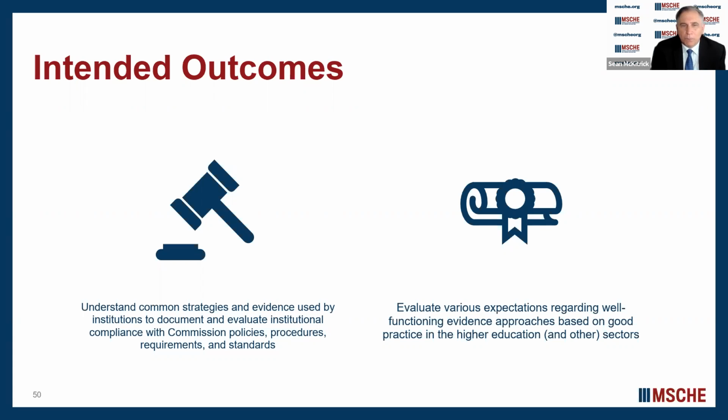I hope that we've been able, both with our co-facilitators and us, to provide information about expectations, and I hope that this has been useful to you all as you move towards self-study, and maybe even using the evidence inventory for purposes other than that.